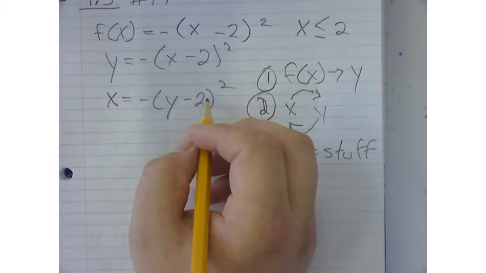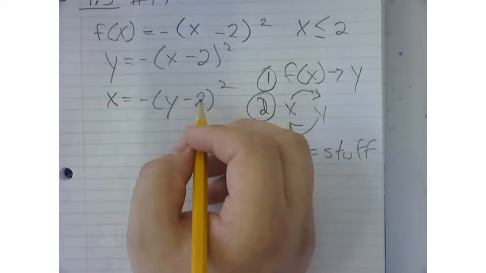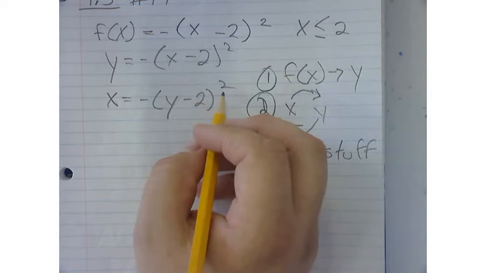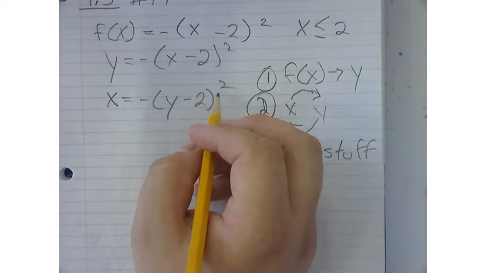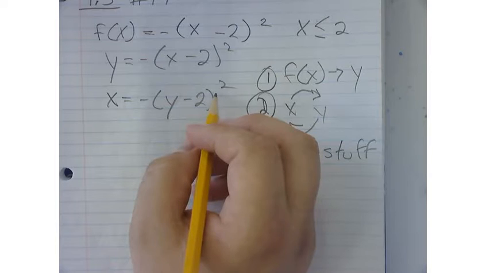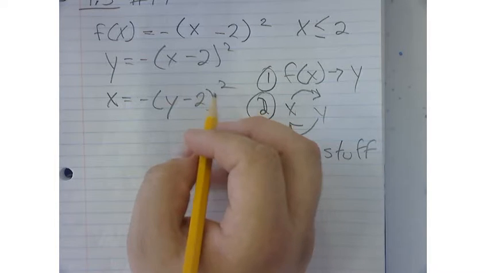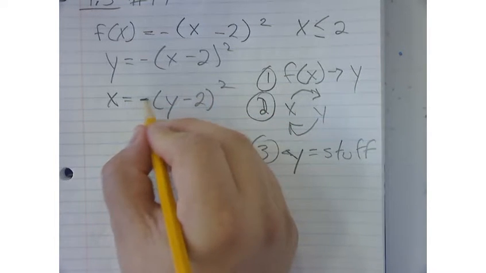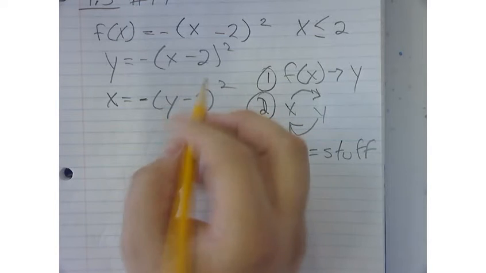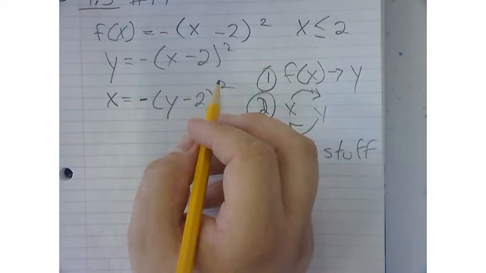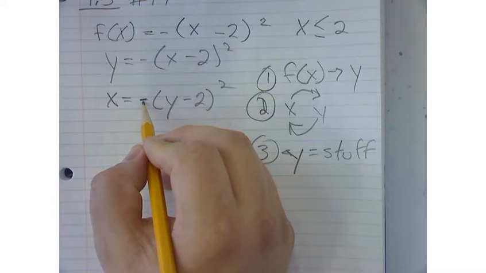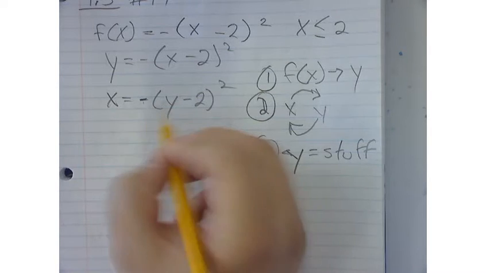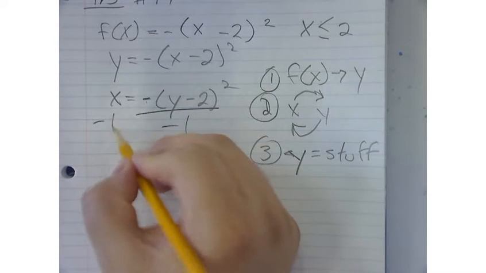There's lots of ways I could do it, but some of you might be tempted to expand it and multiply it out. But no, what I'm going to do is take the square root of this, but there's a negative here. So I could divide everything by negative 1 first, right?